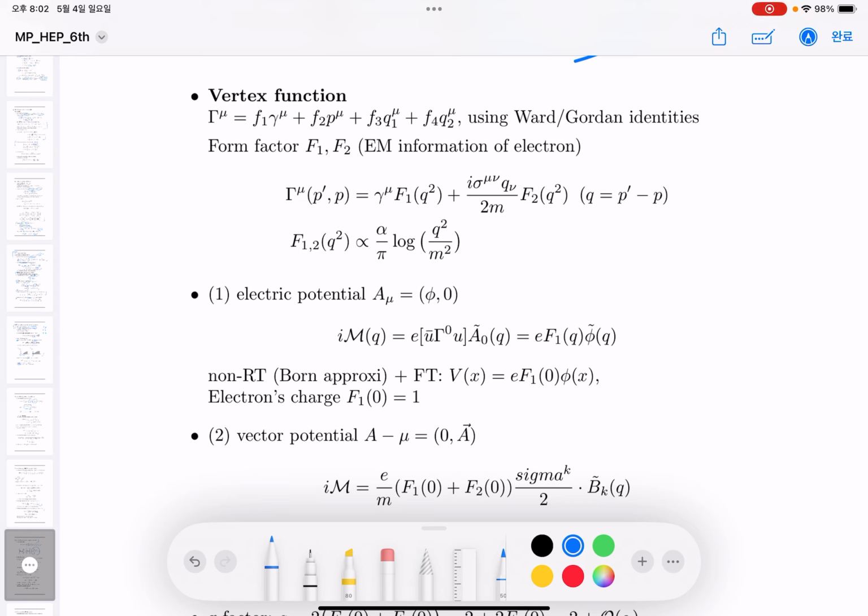by using the Ward and Gordon identity. And the coefficients F1 and F2 are called the form factors, and this has some logarithmic divergence by the regularization.